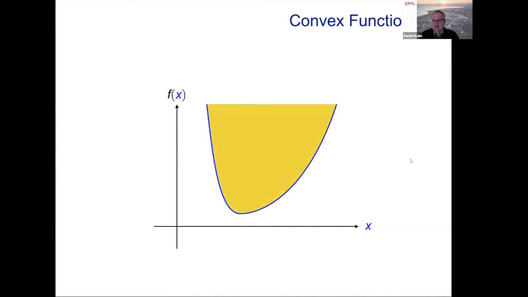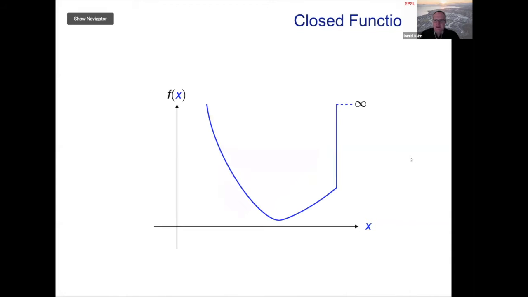We will also focus on convex optimization problems whose objective and constraint functions are convex, by which we mean that the line segment between any two points in the epigraph is also contained completely in the epigraph of f. In addition, we will focus on closed functions.